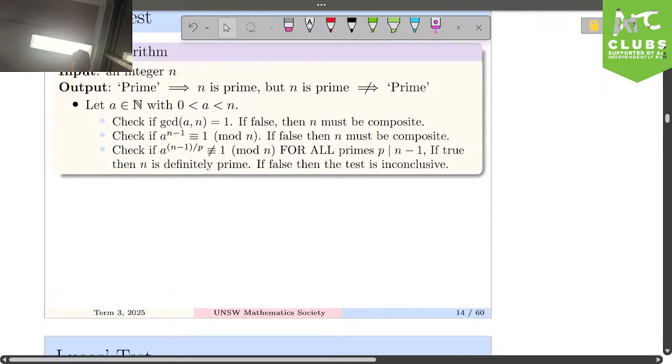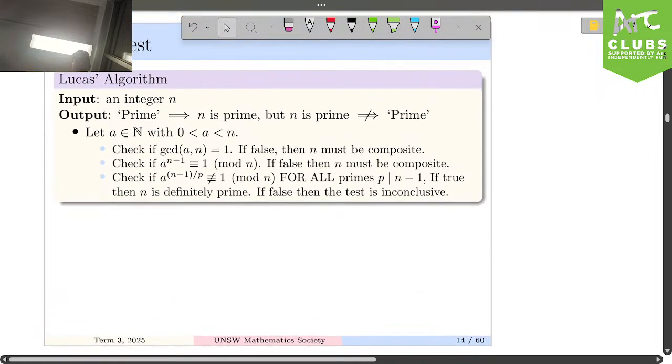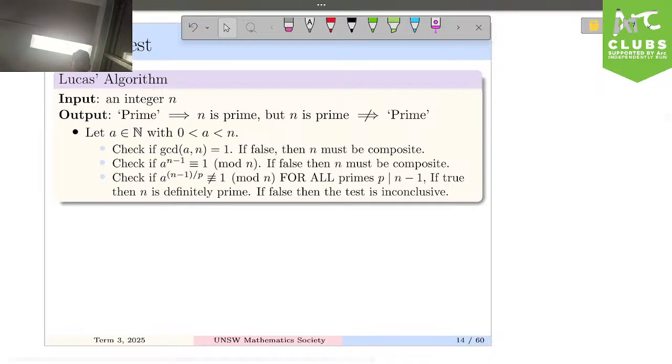Next is the Lucas test. Lucas's test is actually a way that we can definitely say a number is prime. If this test tells you that a number is prime, then it is prime. Firstly, we have our n, and we have another witness, so we've got the same kind of structure going on. We say, is A co-prime to n?